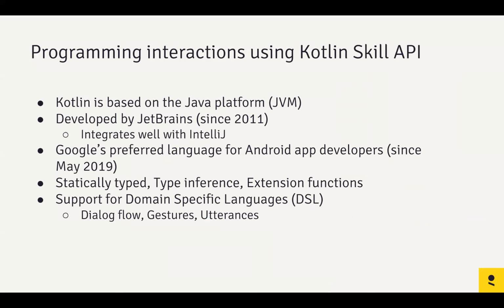So why have we chosen Kotlin for our Skill API? Well, Kotlin is a very powerful programming language. It's based on the Java platform, so all the libraries that exist for Java can be used from Kotlin. It's developed by JetBrains, which also developed the IntelliJ IDE, so it integrates very well with that, and it makes it very powerful when you program using it.